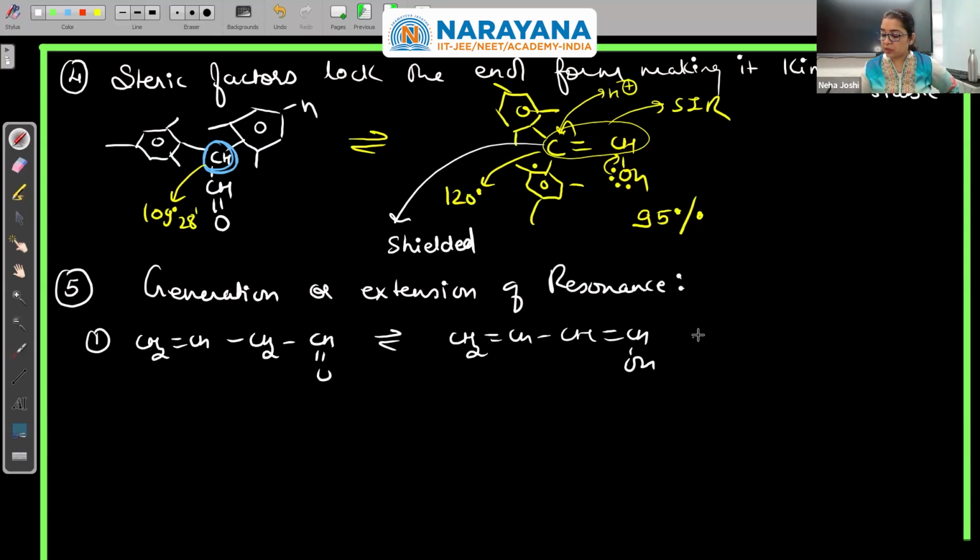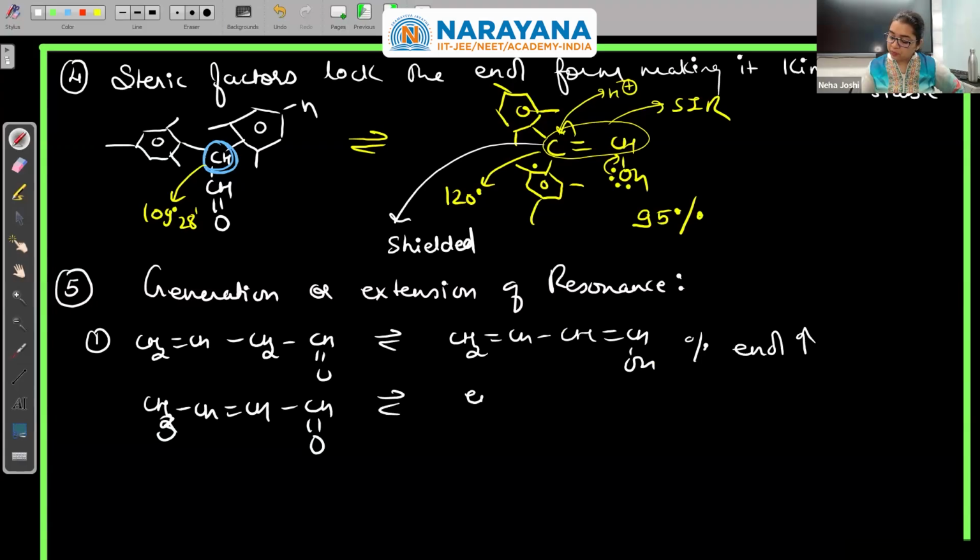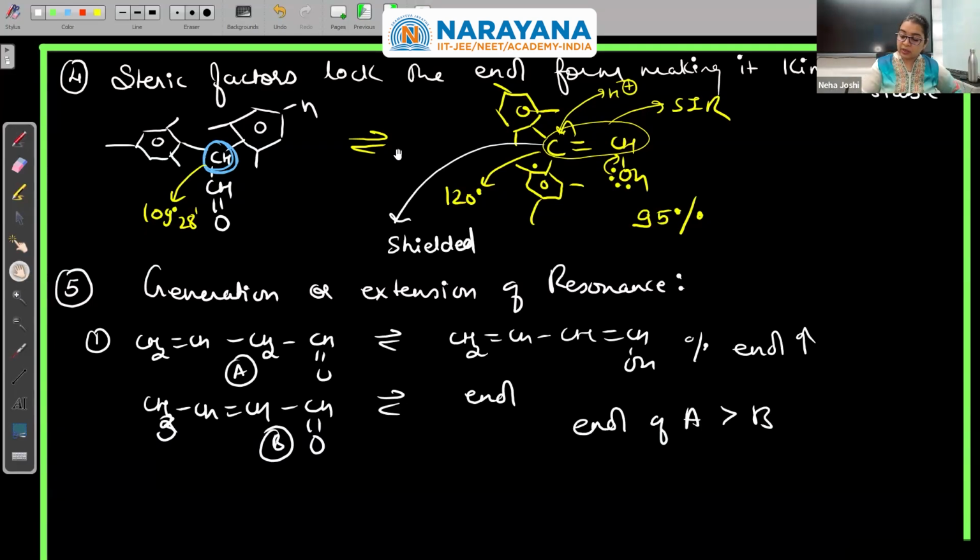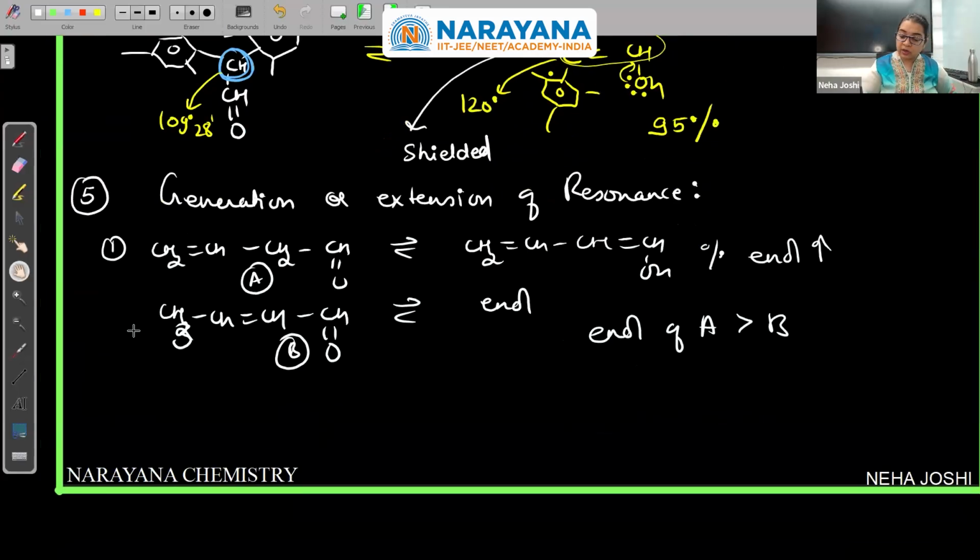So yes, its percentage of enol increased. I cannot say it will dominate on this or not. I can use this thing for, say, comparison of enol of this and this. Now this is already resonating. So if I am asked enol of A and enol of B, then I'll say enol of A will be greater than B. This is all I can say.